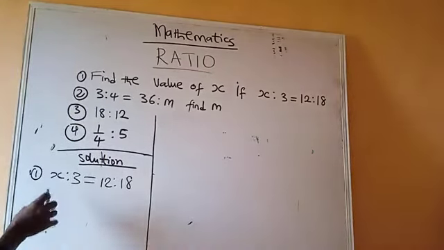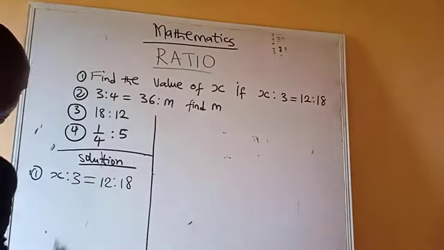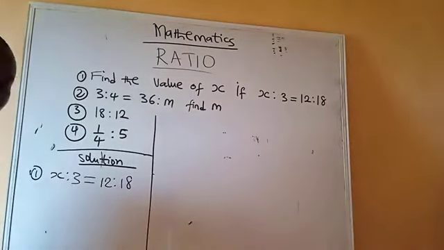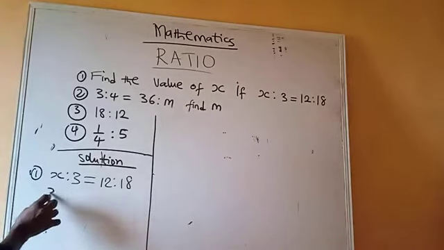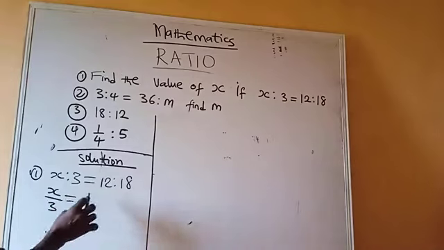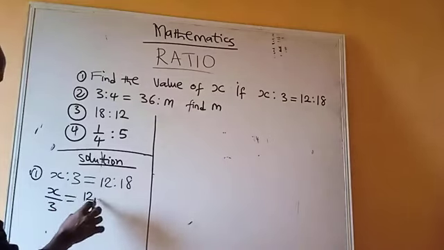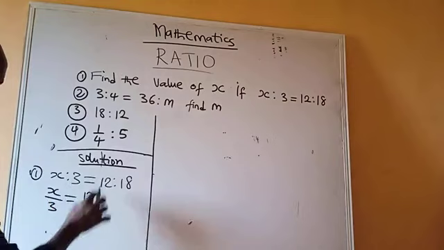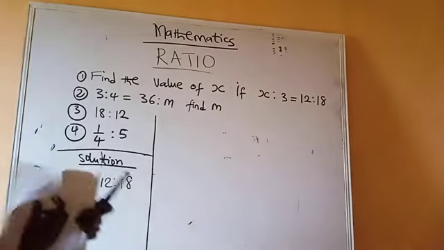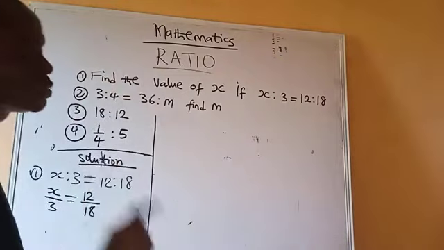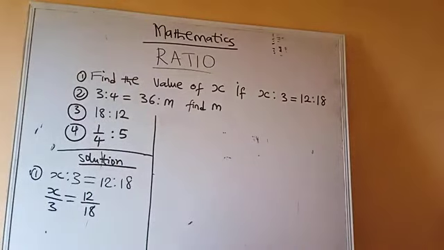So we have number 1. That is to say, so, and that is to, these two dots, what it represents or what it means in mathematics is this: x over 3 equal to 12 over 18. Do we understand? That thing they will call is to, these two dots, it means division.